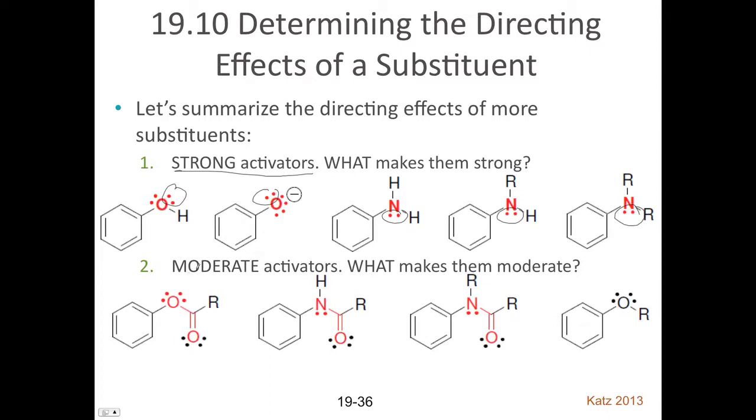Moderate activators. This is one level down from strong activators. What makes them so moderate? They have something called cross-conjugation. What does that mean? It means you have some of the same benefits of electron donating ability from the lone pairs on your adjacent atoms, but you also have another type of resonance as well.